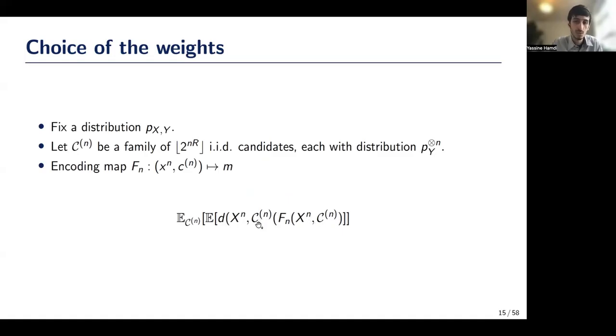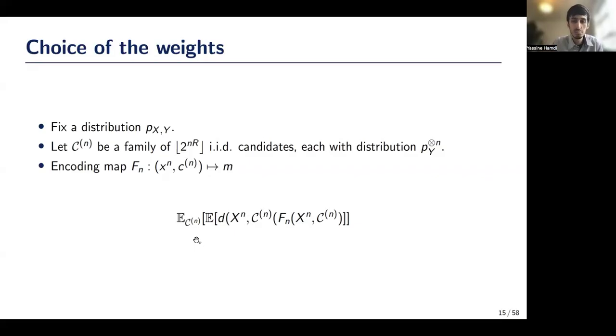You go in the list Cn and you find the item number Fn of xn, this is the integer small m that is produced by the encoder. You give it to the decoder, so you give it to the list Cn and you take the element corresponding to that index. So anyway, this is just the distortion between xn and yn, and we're just taking an average.